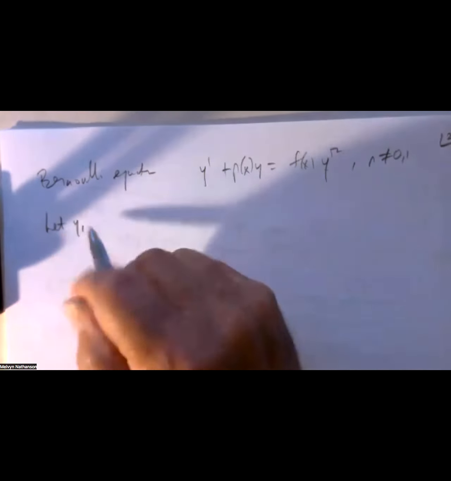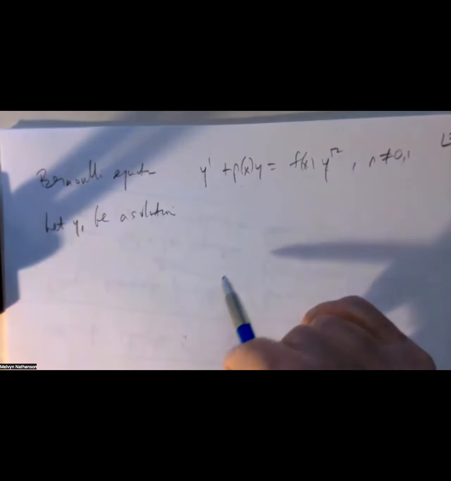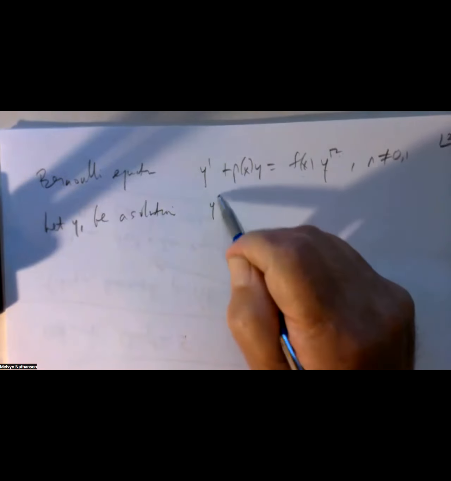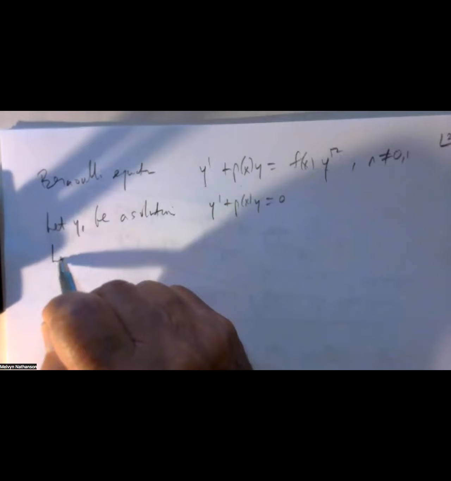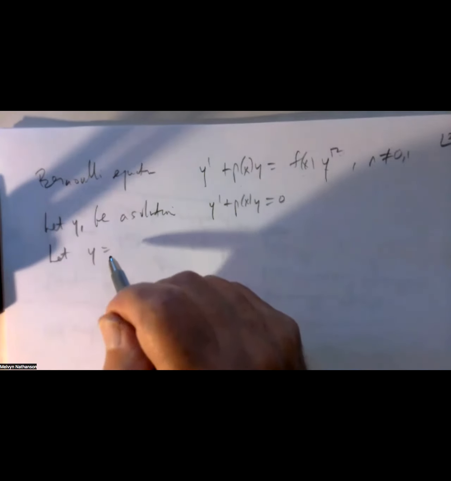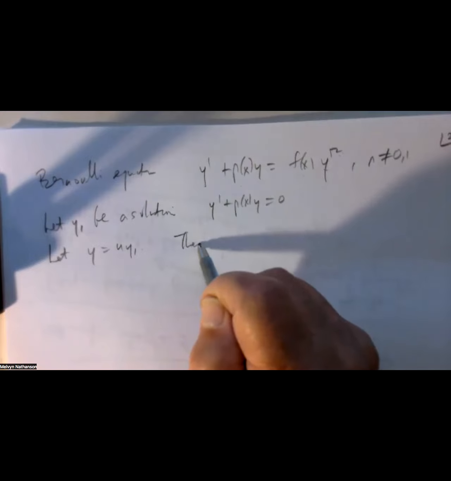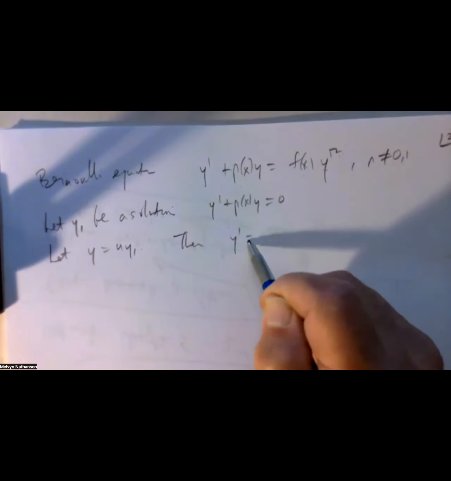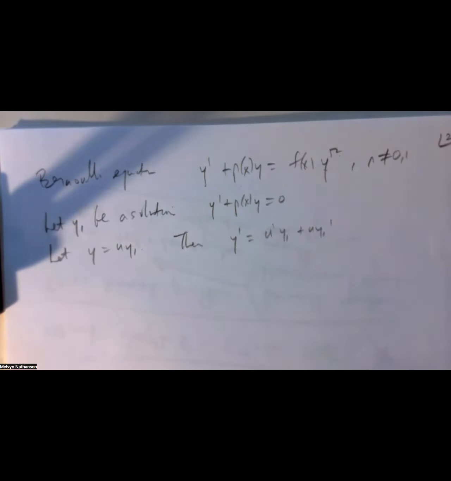Let y1 be a solution of the complementary homogeneous equation y prime plus p of x y equals 0. And then we look for a solution y of the form u times y1. So in that case, if we differentiate, y prime is u prime y1 plus u y1 prime.